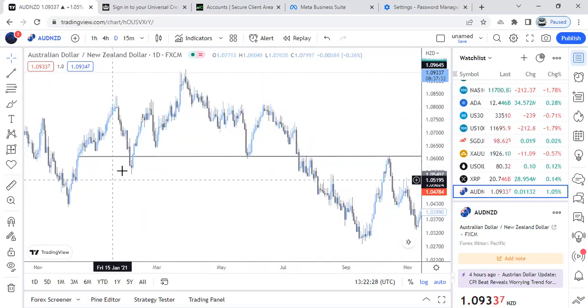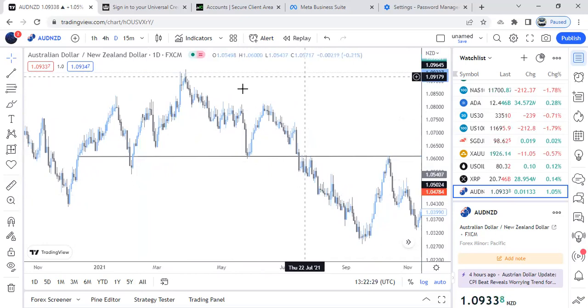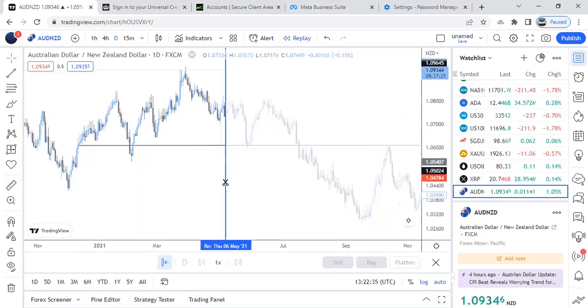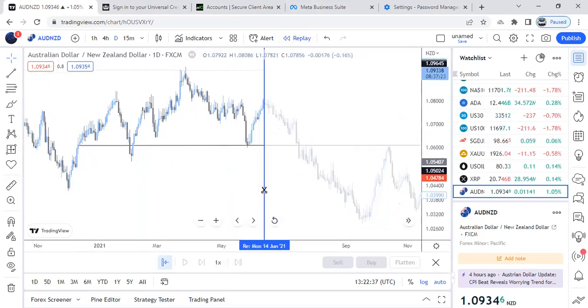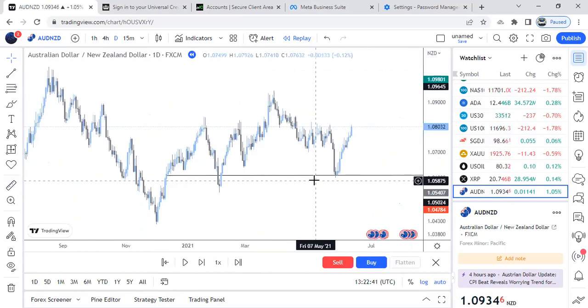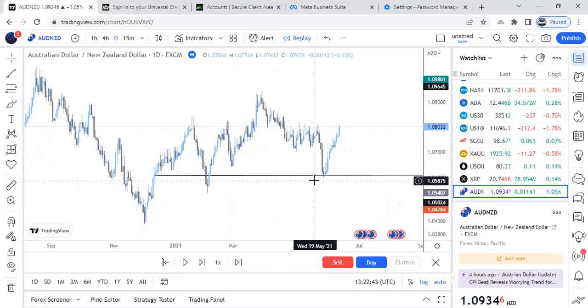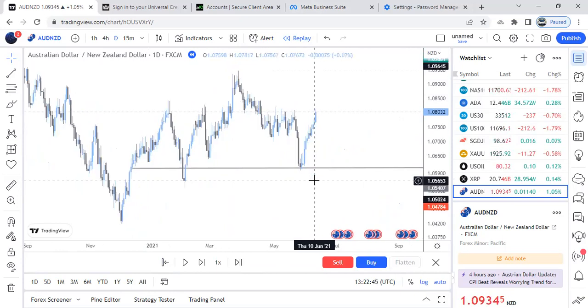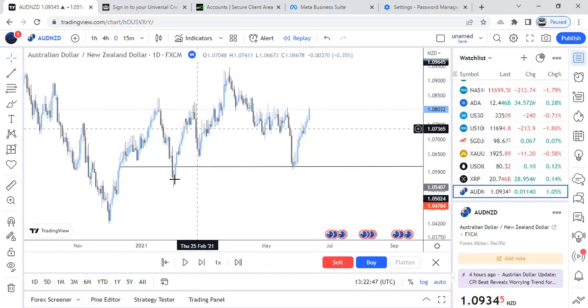I can see, anybody as a trader will identify this as a support, right? Support is when price is above the line.